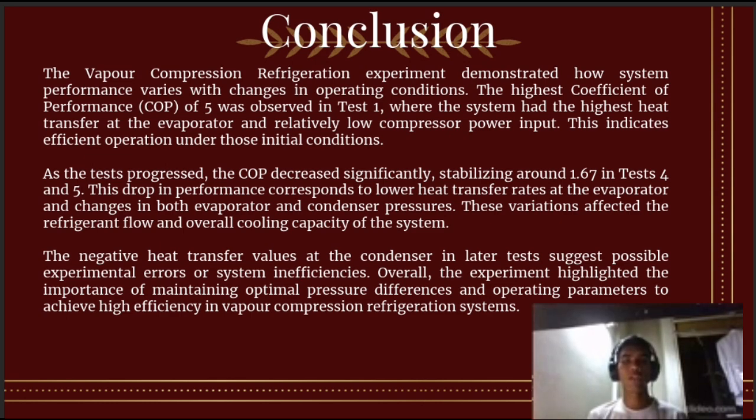This drop in performance corresponds to lower heat transfer rates at the evaporator and changes in both evaporator and condenser pressures. The variations affected the refrigerant flow and overall cooling capacity of the system. The negative heat transfer values at the condenser in later tests suggest that there might be possible experimental errors or system inefficiencies. Overall, the experiment highlighted the importance of maintaining optimal pressure differences and operating parameters to achieve high efficiency in vapor compression refrigeration systems.